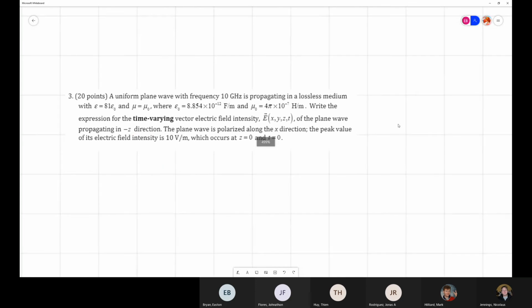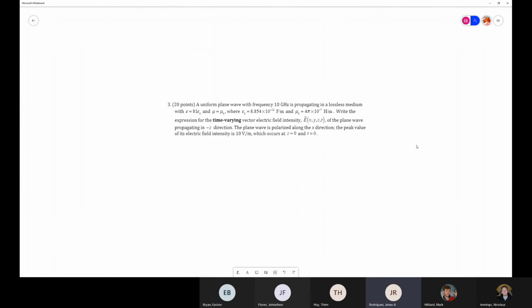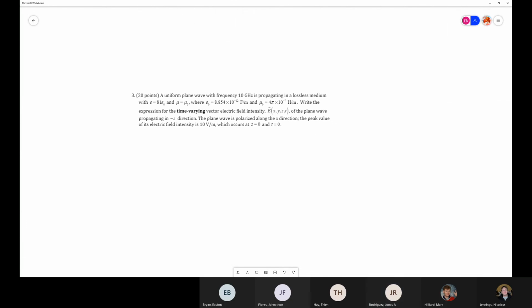So it's just asking you to write the wave equation. It's asking you to write the time varying vector field intensity given all of these properties. So I have some givens.